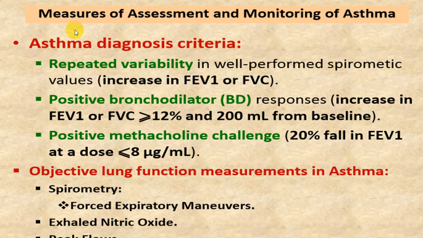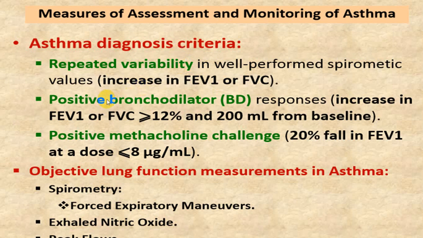So for asthma, there are certain diagnostic criteria, that is repeated variability. When you do a spirometry function test, you will have a change in FEV1 and FVC when you repeat it at certain intervals.